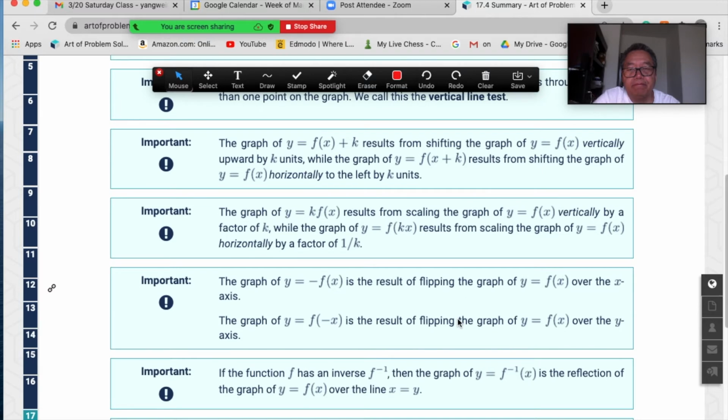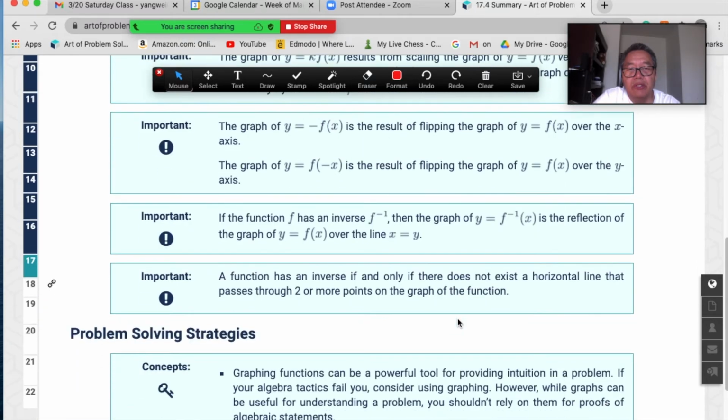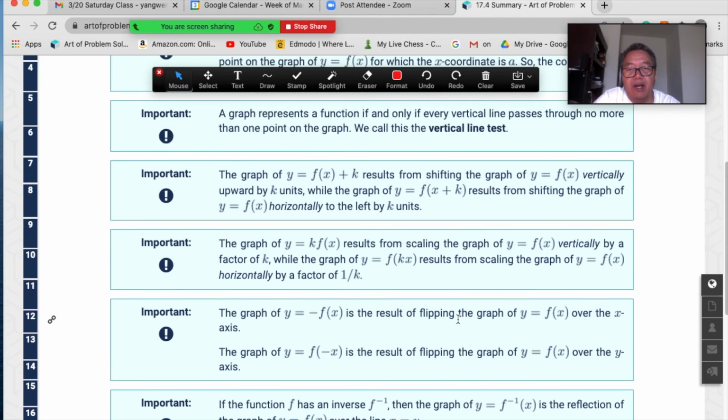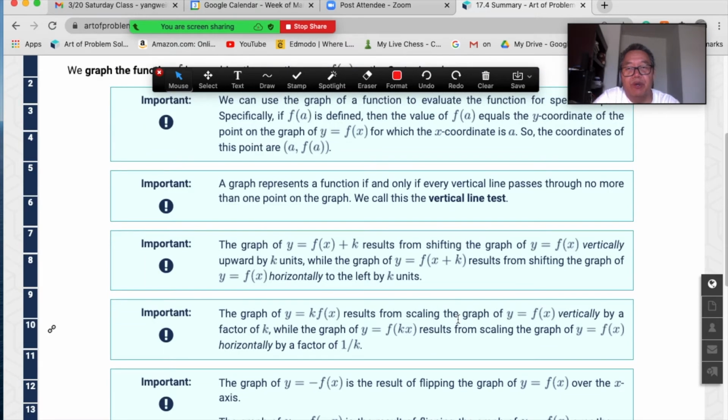then you can see here, this says a very important point: the graph y equals f(x) plus k results from shifting the graph of y equals f(x) vertically upwards by k units, while the graph of y equals f(x plus k) results from shifting the graph horizontally to the left k units.